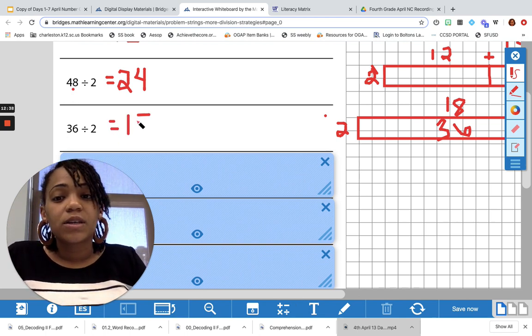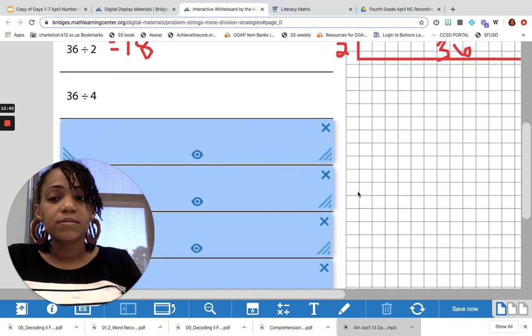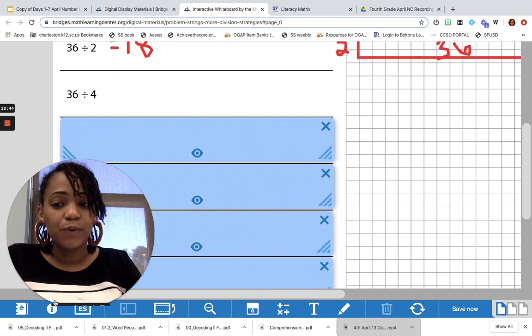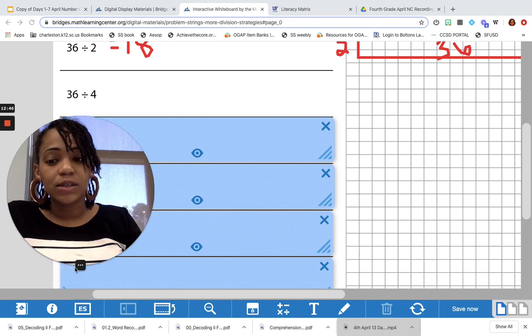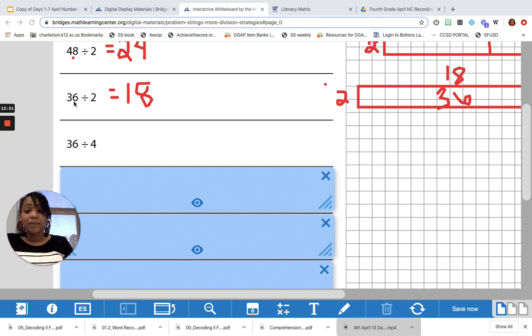Okay, so now let's look at our next problem. 36 divided by 4. What's the relationship, guys? We kept our dividend the same, but we doubled our divisor. So watch what's going to happen.